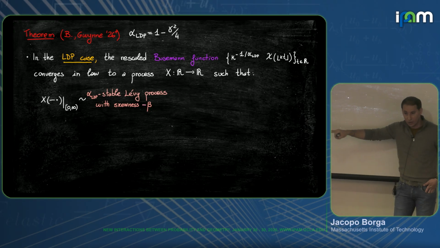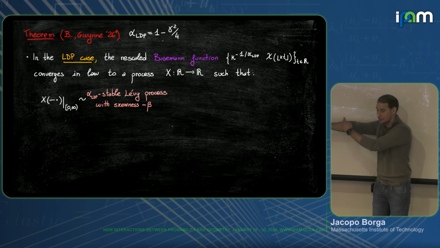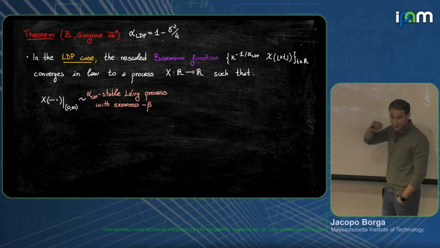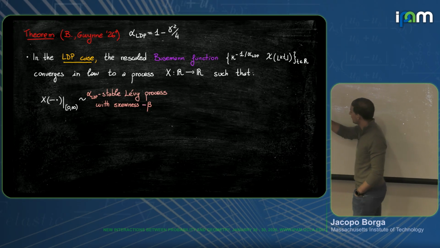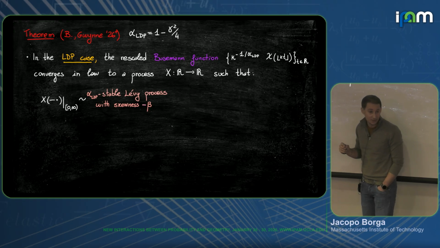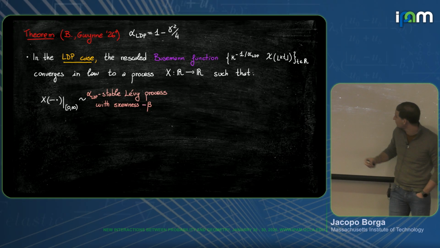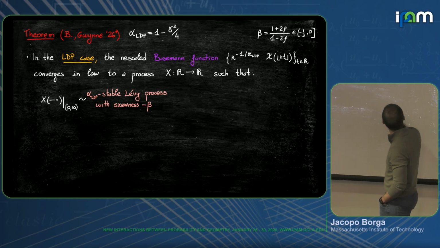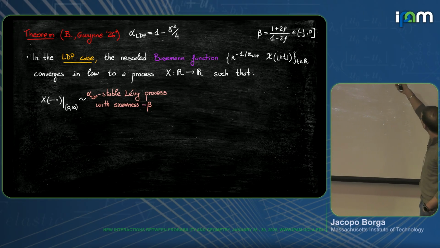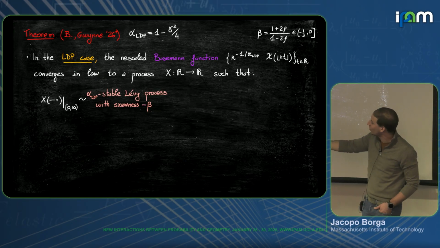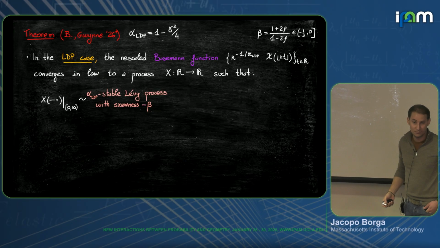But before, the positive jumps and the negative jumps of this Lévy process were symmetric. In the case here, the hardest part, and you will see that this plays a huge role, is that this Lévy process is asymmetric. It has a skewness, a ratio between positive and negative jumps, that is exactly minus beta, where beta is this quantity, 1 plus 2 rho divided by 1 minus 2 rho, where rho is this cosine.